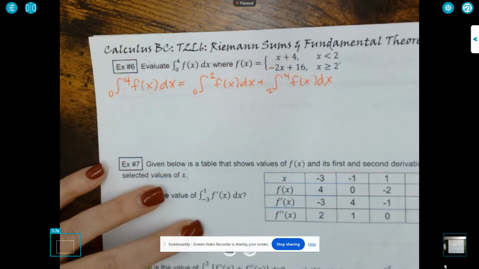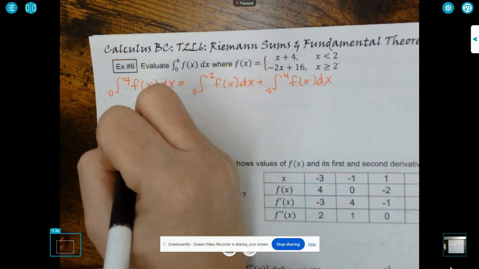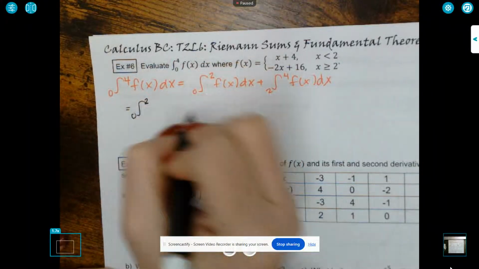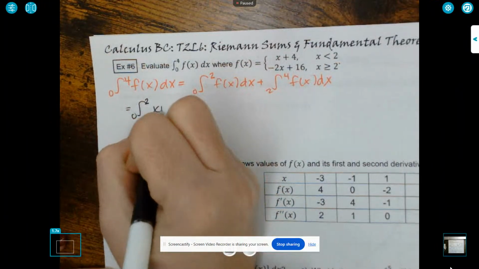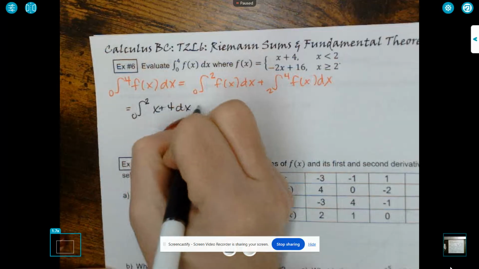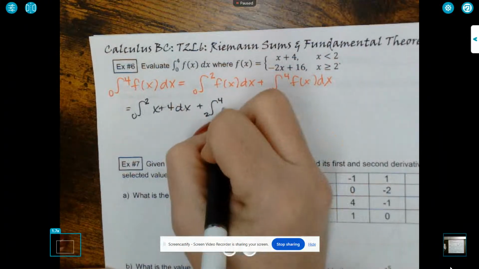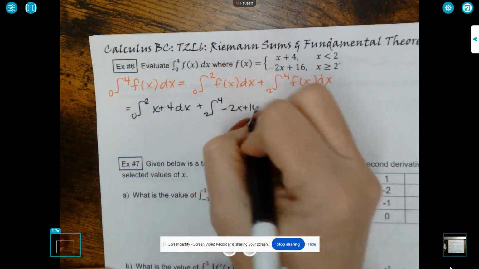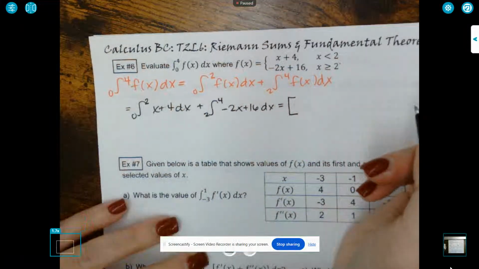All right, so let's jump into that. So 0 to 2 is x plus 4, because that's less than 2. So x plus 4 dx plus 2 to 4 is negative 2x plus 16 dx. All right, so let's get this done.